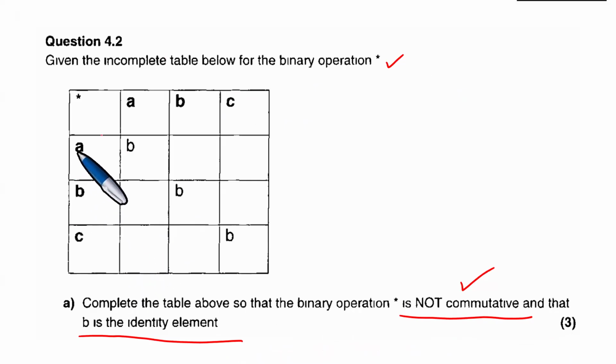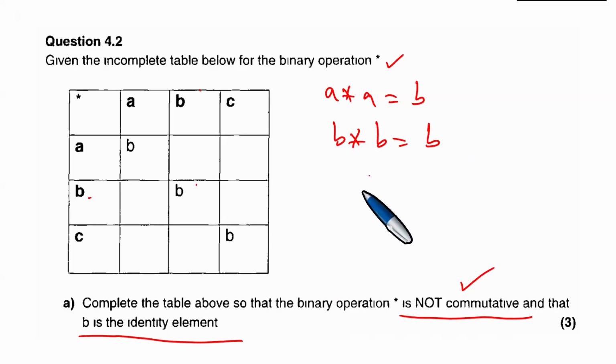We note that A star A is B, but we also note that B star B is B. C star C is B. So that A star A is B. The question then is, what would A star B be?